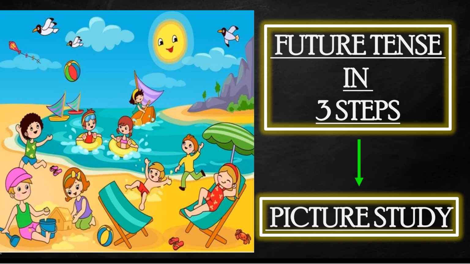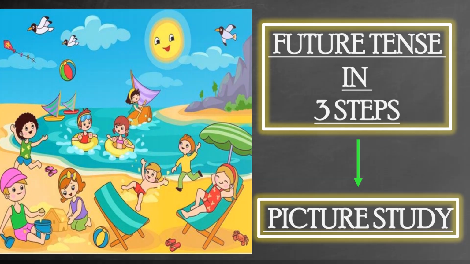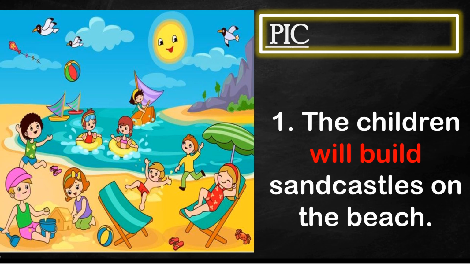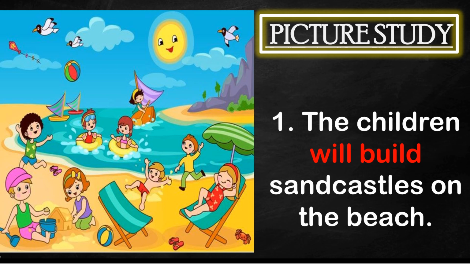Let us learn about future tense in 3 simple steps using this picture study. For those who are old, let's go back to your childhood days and do a reading of this picture. Look at the picture and imagine that in the upcoming few days you are going to go for a vacation to the beach. What are the things you are going to do?